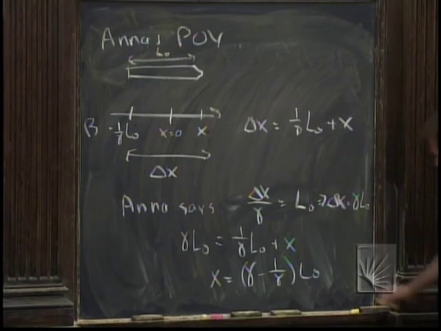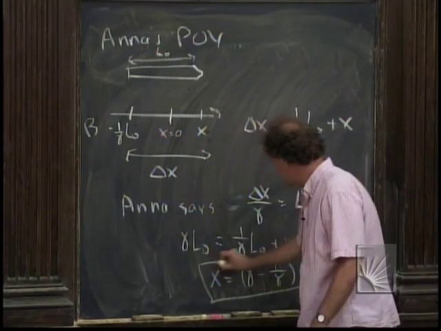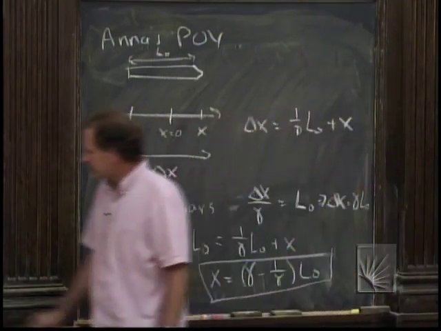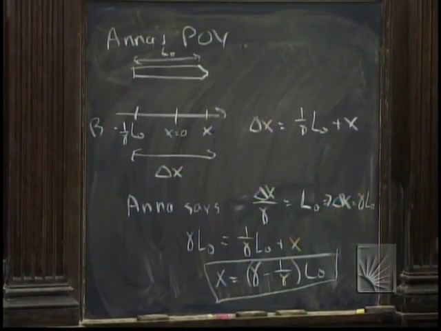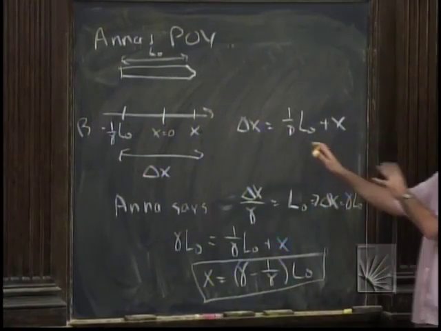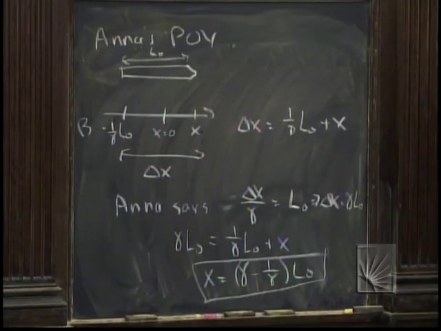Yuck. I have two expressions for x, arrived at very systematically with the Lorentz transformations, and then by thinking a little bit harder, just using the rules of length contraction.